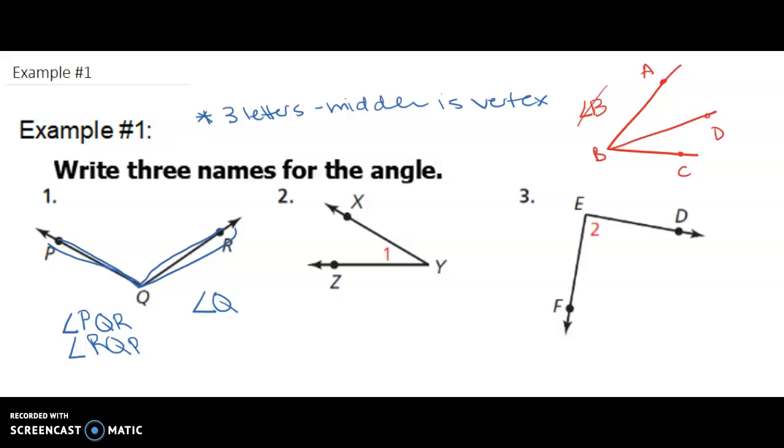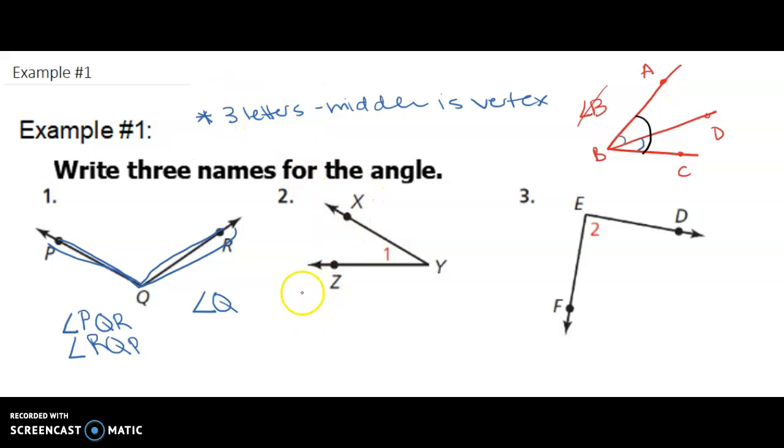Because if I do, am I talking about this angle B, or this angle B, or this whole angle B? What angle B am I referring to? So anytime there's more than one angle at a vertex, you cannot name it by a single letter. So this one here, there's only one angle at vertex Q, so you can name it angle Q.